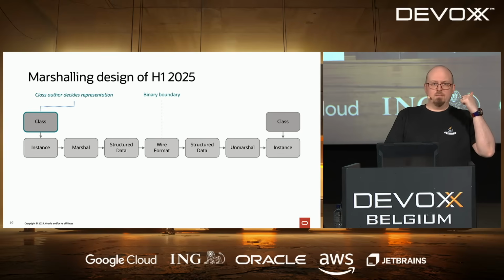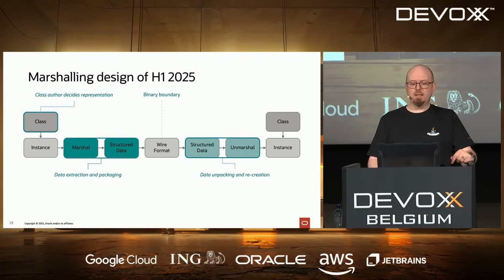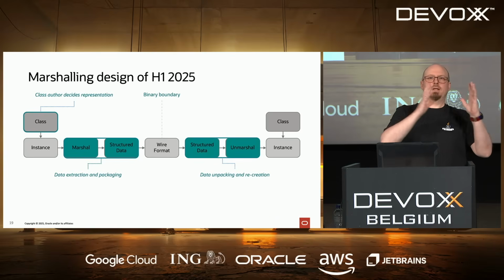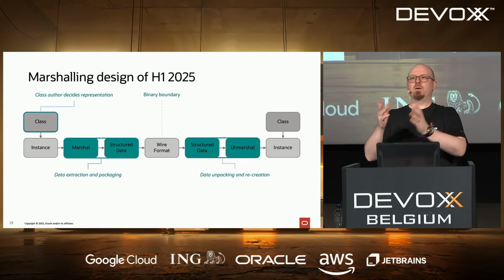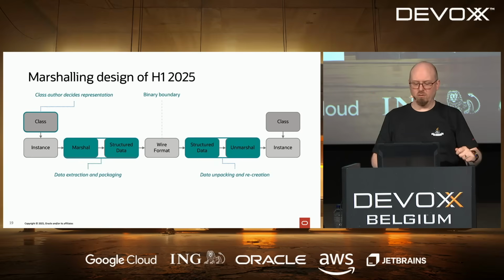So with marshalling, the class author should be in charge of what the representation of instances of that class should be. And marshalling is responsible for extracting that representation and transforming it into structured data in this old model. And then we had a complete decoupling between the snapshot and whatever goes into the wire and out of the wire, and then you recreate it on the other side, so you have a nice sort of handoff point.